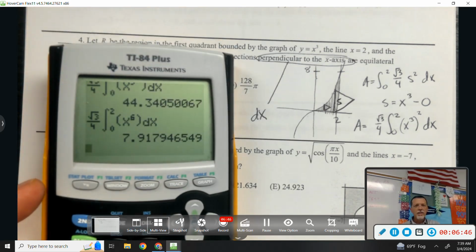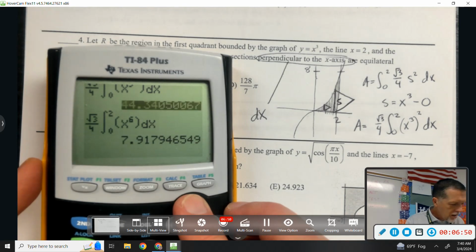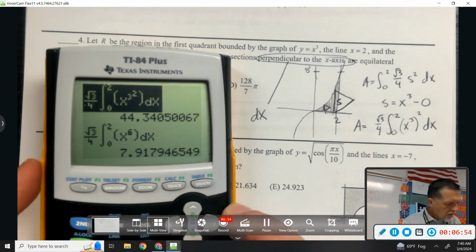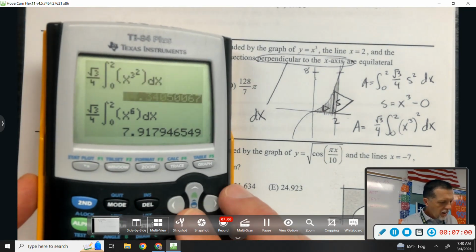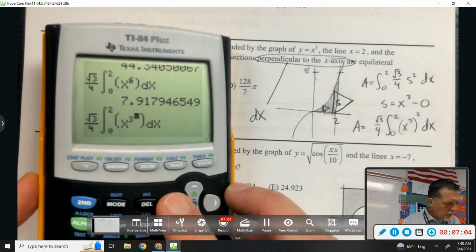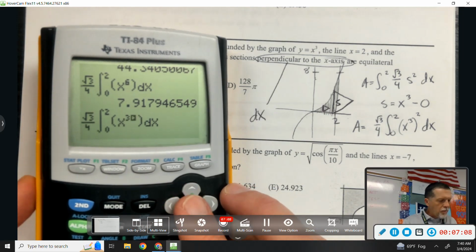Uh-oh. What did I do wrong? X cubed squared versus x to the 6th. Maybe. That might be the problem. Because it might be squaring the 3.